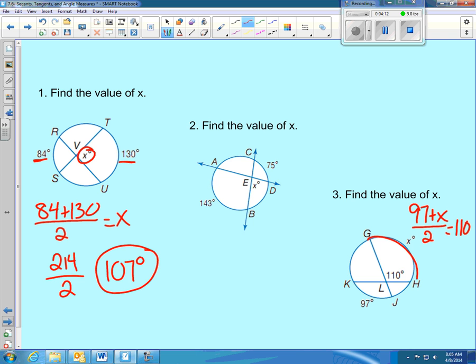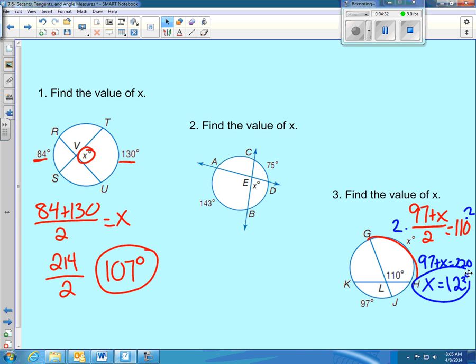We need to solve that for x. So we're going to multiply both sides by 2 to get rid of that divide by 2. So we get 97 plus x equals 220. Subtract the 97, and we get 123 degrees. Remember, these arcs and these angles are all in degrees.